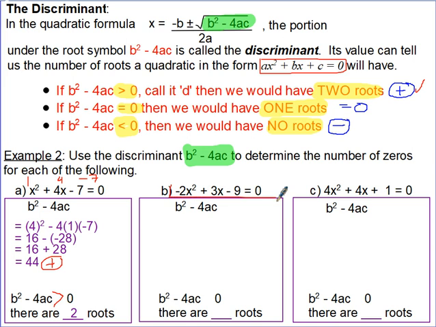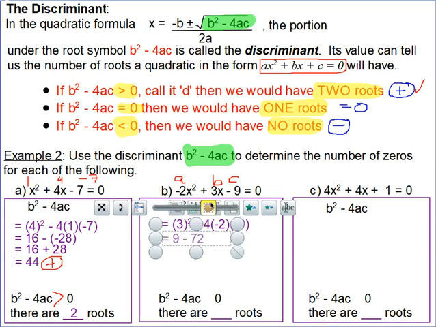Is this in ax squared plus bx plus c equals 0 form? It looks to be. So the a value is negative 2, the b value is 3, and the c value is negative 9. We plug this into the discriminant: 3 squared minus 4 times negative 2 times negative 9.